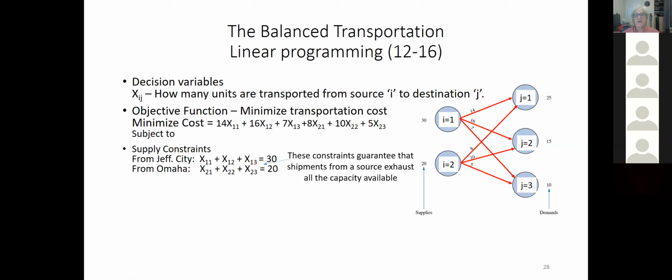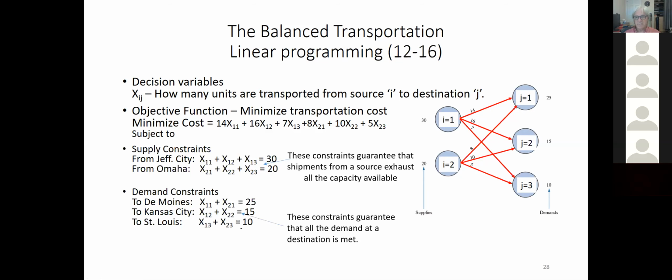The supply constraints are those that are shipped from Jefferson City and Omaha. Jefferson City is 1, and Des Moines is 1. X11 plus X12 plus X13 is the total supply shipping from S1, supply point number 1, and this needs to be equal to 30. And the same for Omaha, equal to, because I know that I have to ship all the units available.